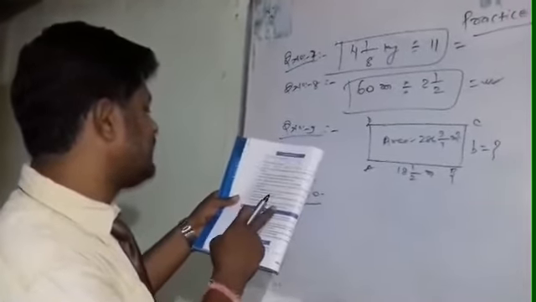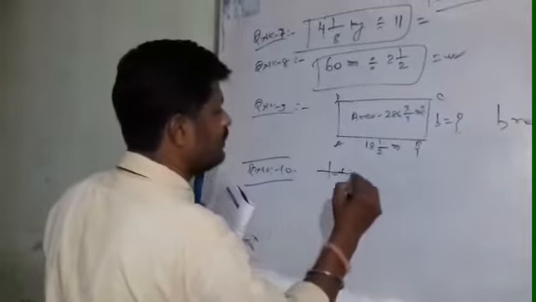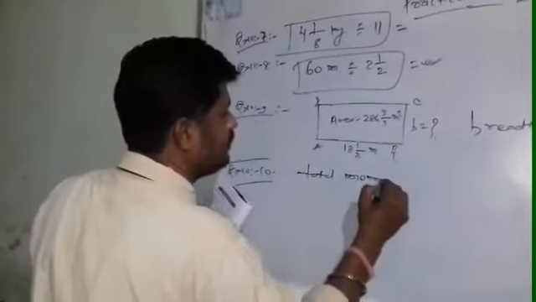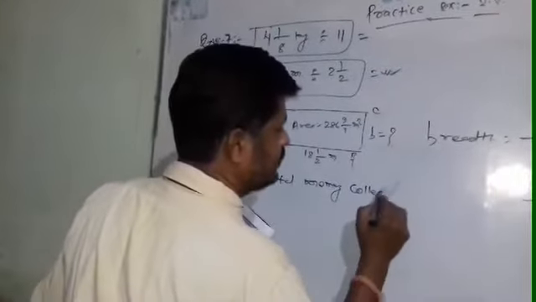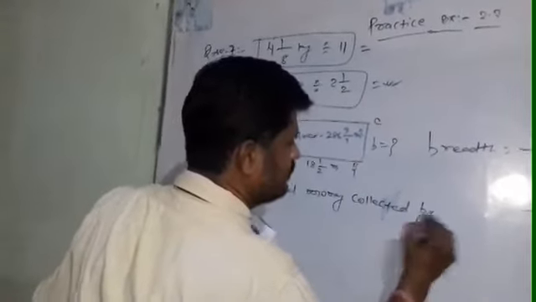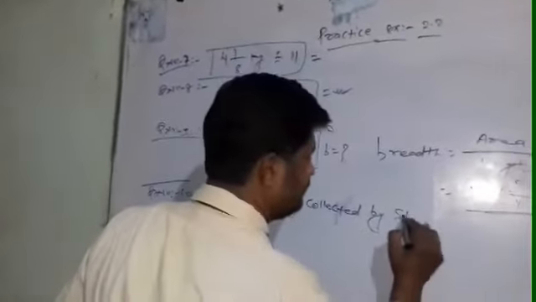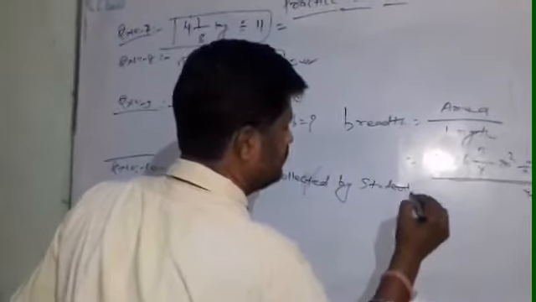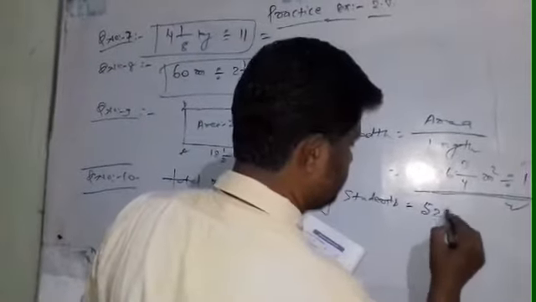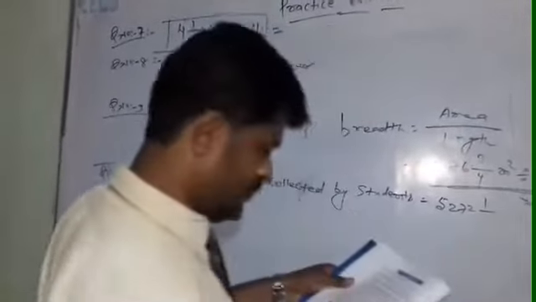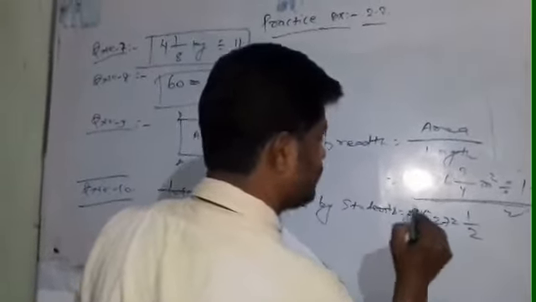By selling tickets for a charity show, a group of students collected a total amount of money, 5,272 whole 1 by 2 rupees.